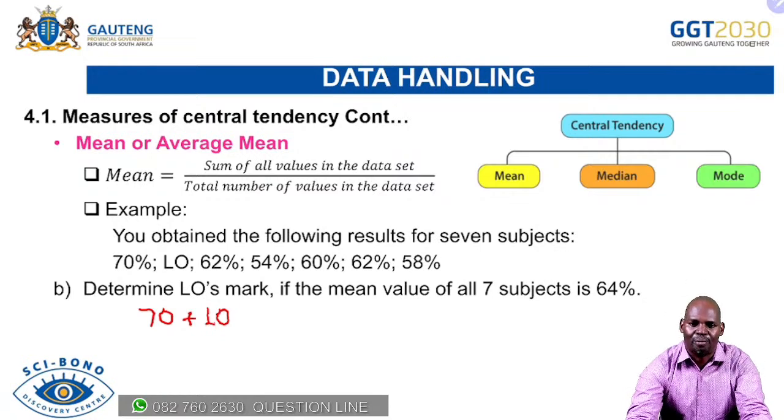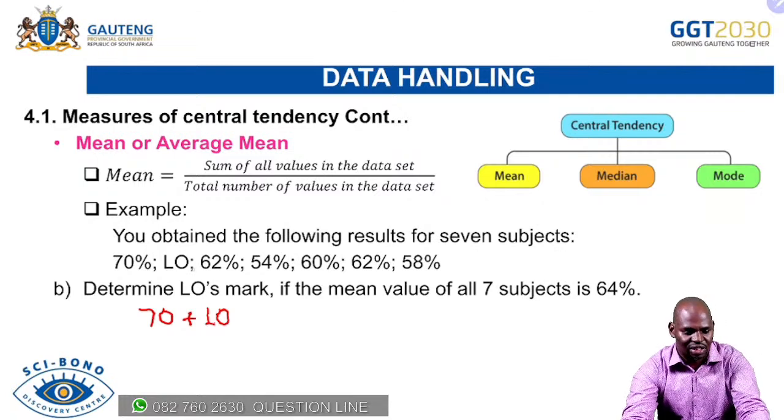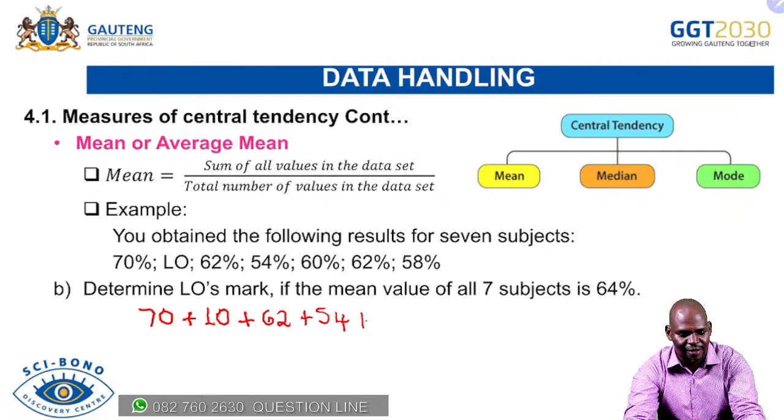In some cases the examiner will use a capital letter A or capital letter B to represent LO. But in this case, we can just leave it as LO, and then we say plus 62, never mind the units, plus 54, plus 60, plus 62, plus 58.